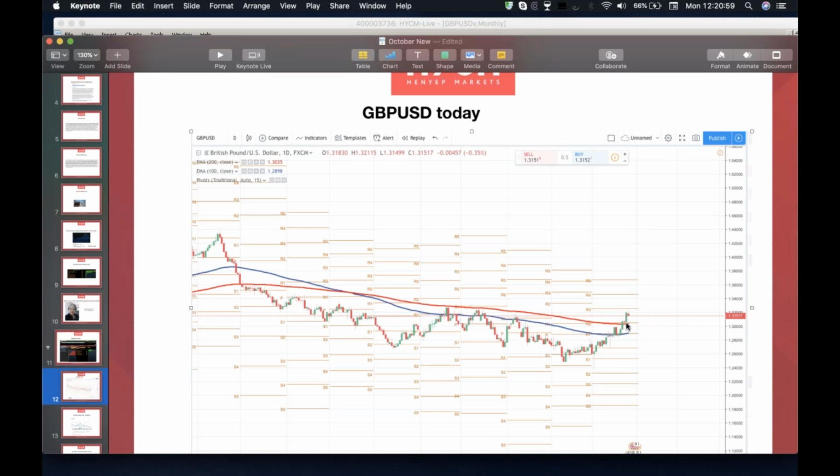You'd expect to see buyers turning up again, potentially here on the 100 exponential moving average and the resistance 1 zone. So these two areas here would be potential buy areas if we think that the Great British Parliament are going to arrange some kind of deal. If that's going to be sorted, then these are two areas for buying.